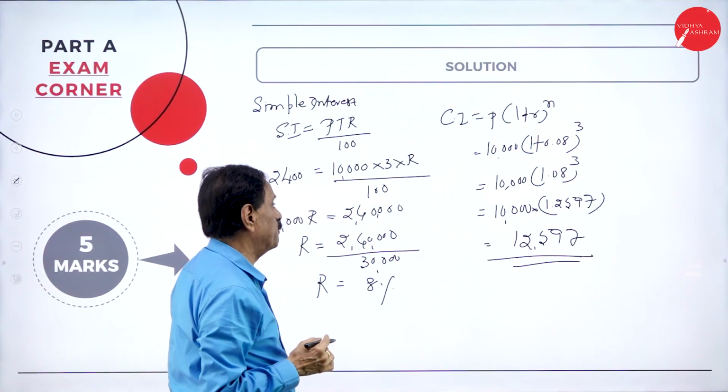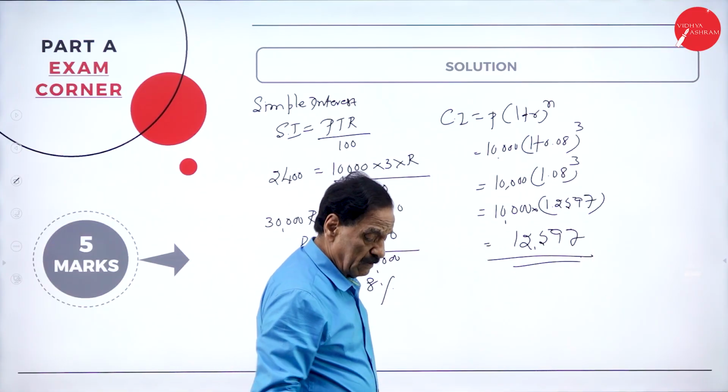So 10,000 into 1.08 to the power of 3 is 12,597.